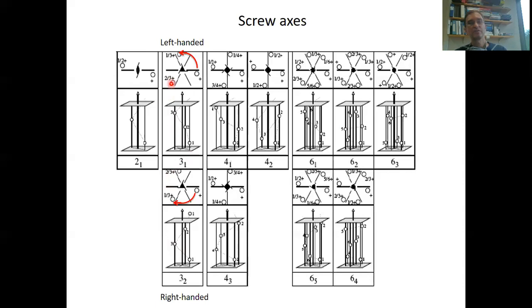Okay, so the last step is that we move this atom here around by another 120 degrees and another 1/3 of the unit cell parameter in the direction of the screw axis. So we'll see that the produced atom sits on top of the original atom, and it's shifted exactly by 1 unit cell parameter.